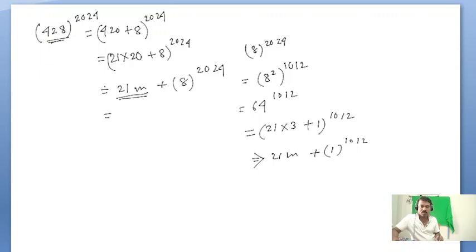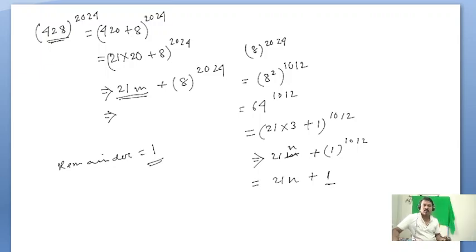Now you can see here 21n, this is not m, this is n, plus 1 here. So the complete term is divisible by 21 except 1. So the remainder is equal to 1. Clear?